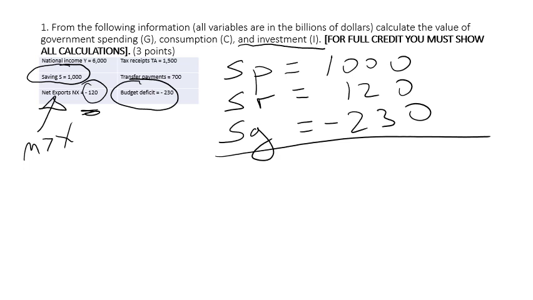So what's the total here? 890. And this will be available for physical private investments, physical investments, 890. Well, again, that's one approach. There are other possibilities.